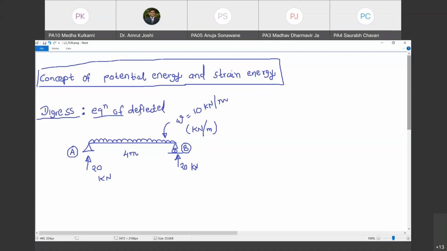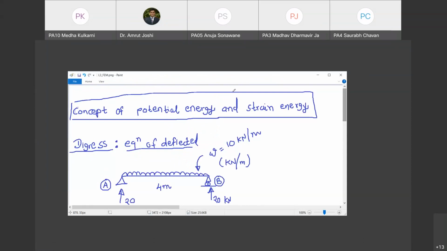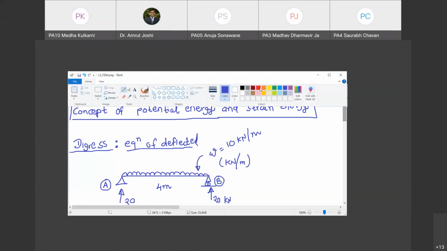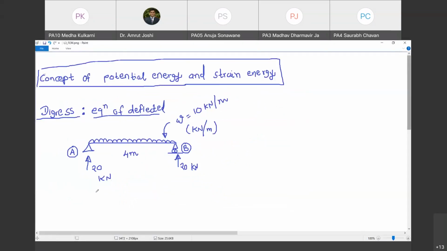So what is the meaning of equation of deflected shape? Let me show that here so that you will understand what I am trying to say. This beam is going to deform in this fashion. Do you agree with me? Yes, sir. So by equation of deflected shape, what I mean is I need to know y as a function of x.